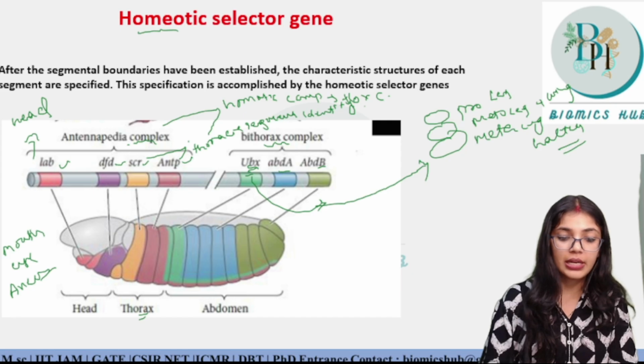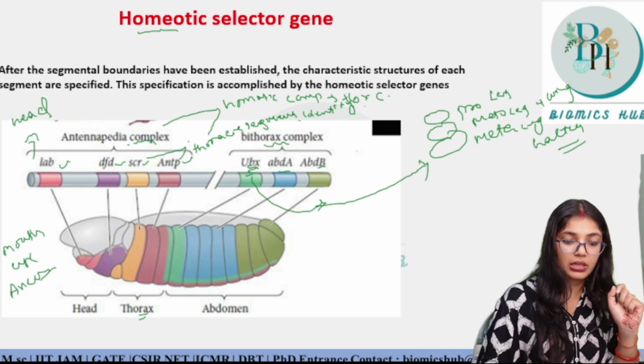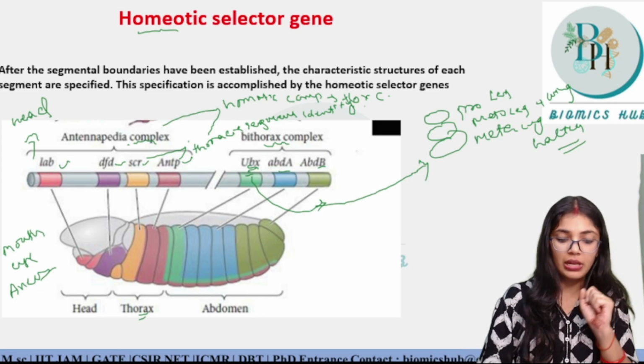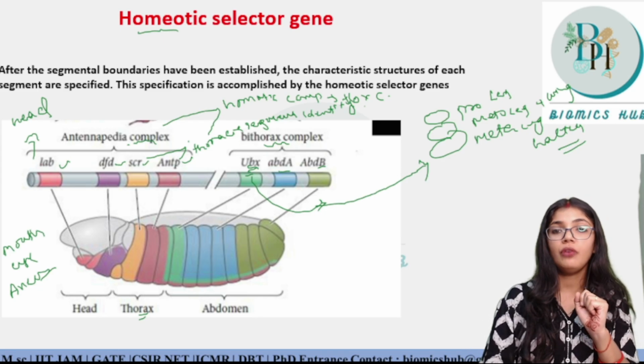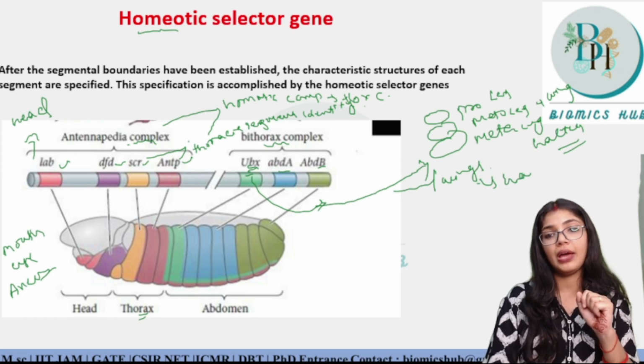What this ultrabithorax gene does is inhibit the formation of wings in the metathorax. So in the metathorax there will be no wings; only a pair of halters plus legs will be present.